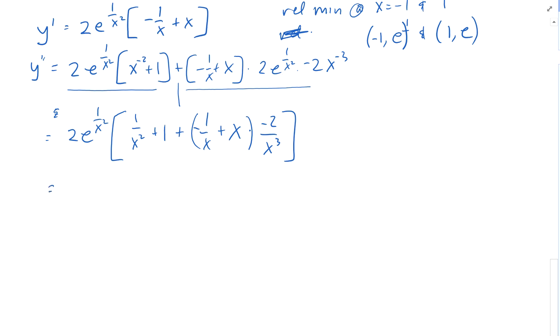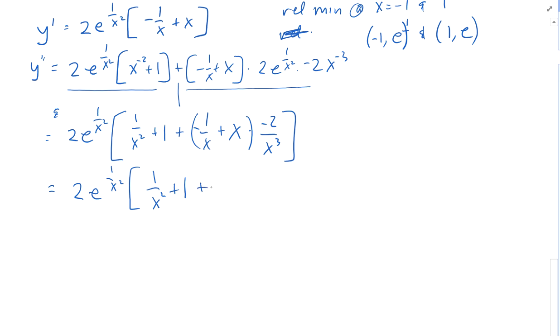So you've got 2e to the 1 over x squared. You have to pay attention to tedious stuff like this. It doesn't change later on in math or science or anything else that you're going to be heading into probably. So we've got 1 over x squared plus 1, and then let's distribute this.